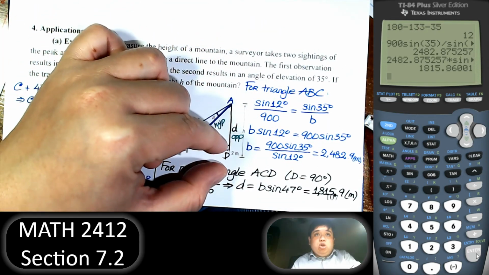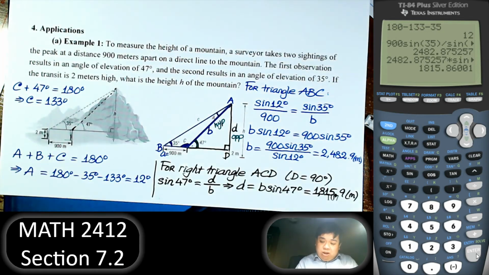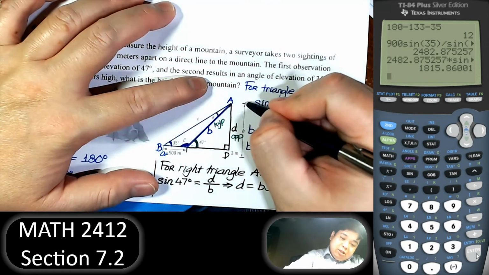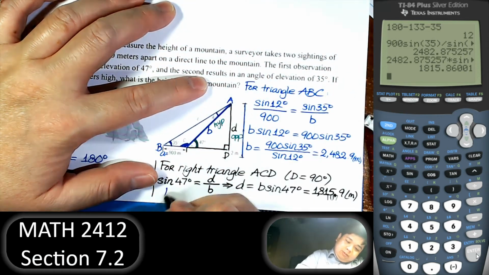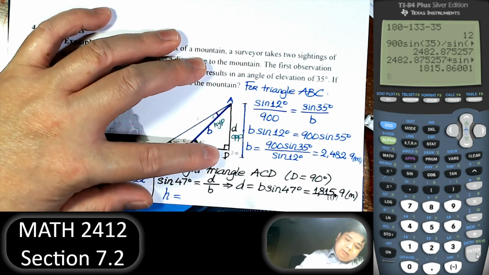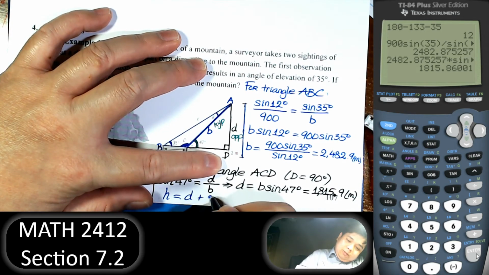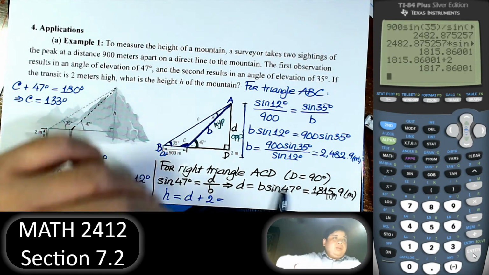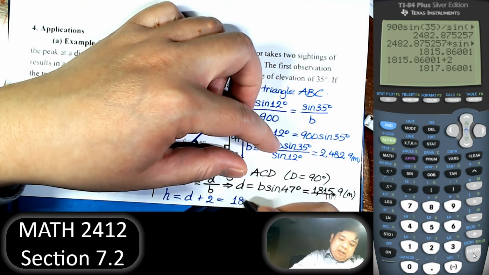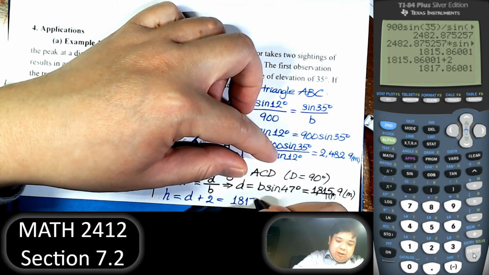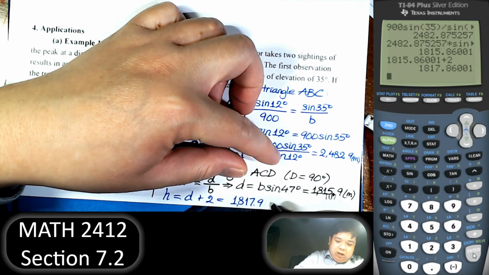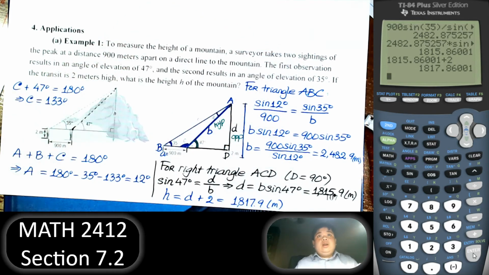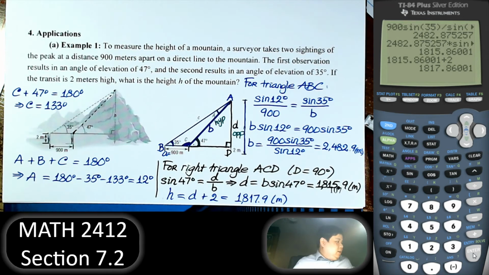D plus 2 meters, the height of the transit, gives us the height of the mountain. So we have that plus 2, 1817.9 meters.